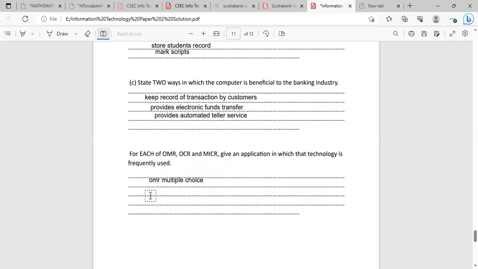Next up, we have the OCR, and that converts a printed document to machine readable form.